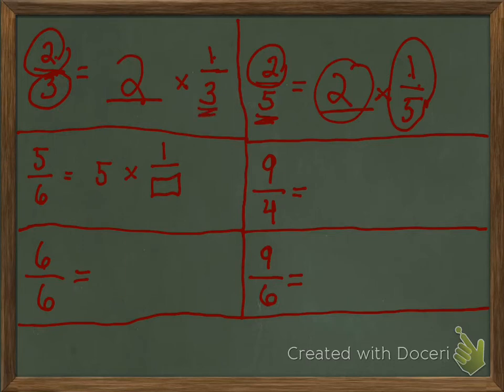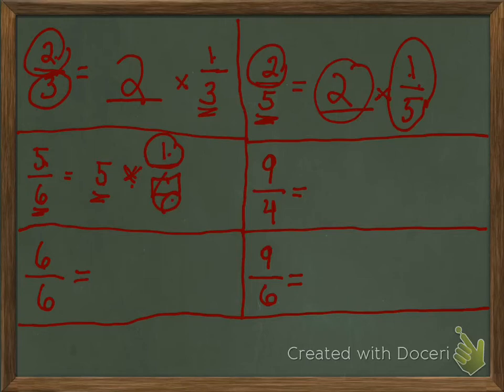Next one, 5/6. They're giving us the 5, which represents the numerator, times, since we're dealing with multiples, we have our multiplication sign. Our unit fraction has the numerator of 1, and what is missing? The denominator. So we need to put a 6. So 5 times 1/6 equals 5/6.